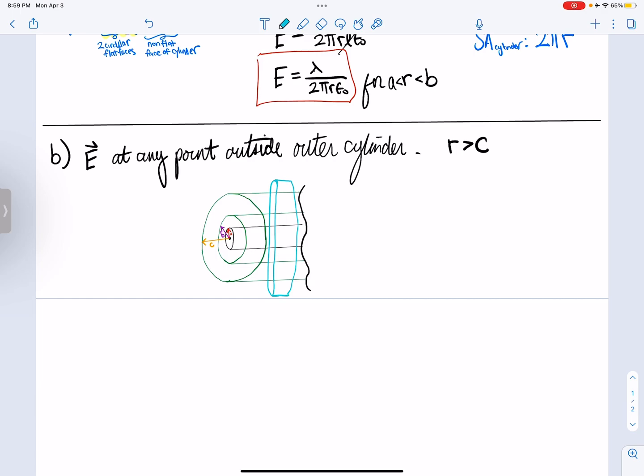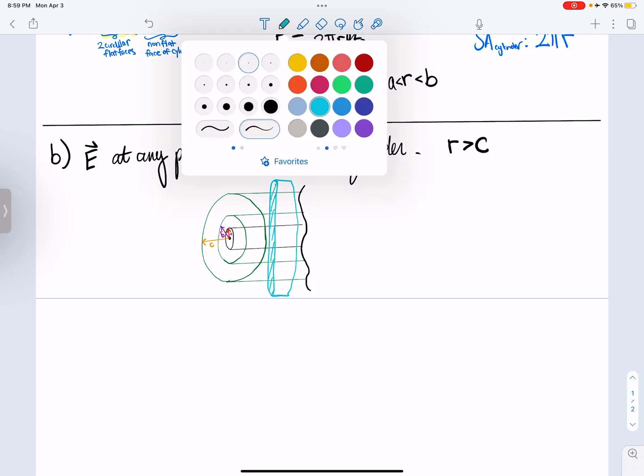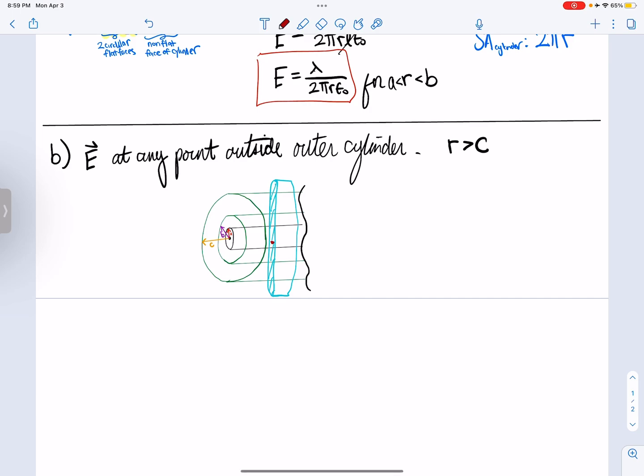All right, anyways, that's a cylinder, right? This is the flat surface. So that cylinder has a radius of R, and R is going to be greater than C. All right, and I'll also give it a unit length L. Okay.